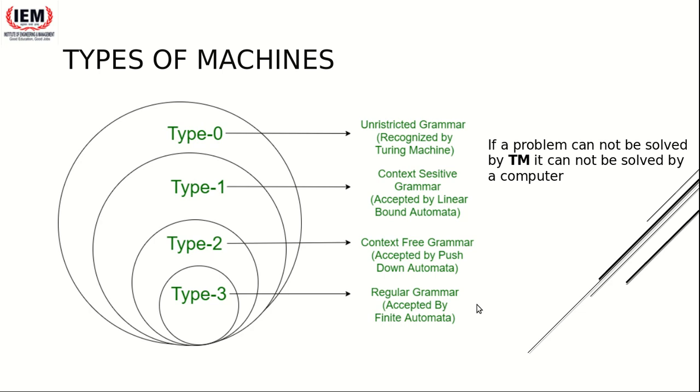If we organize this in terms of power, what do we mean when we say power? I'm just vaguely saying that my machine is the most powerful one. So how is it most powerful? It is powerful in terms of acceptability. Acceptability of what? Acceptability of language. So the Turing machine is such a powerful machine which can accept the maximum amount of languages or strings.